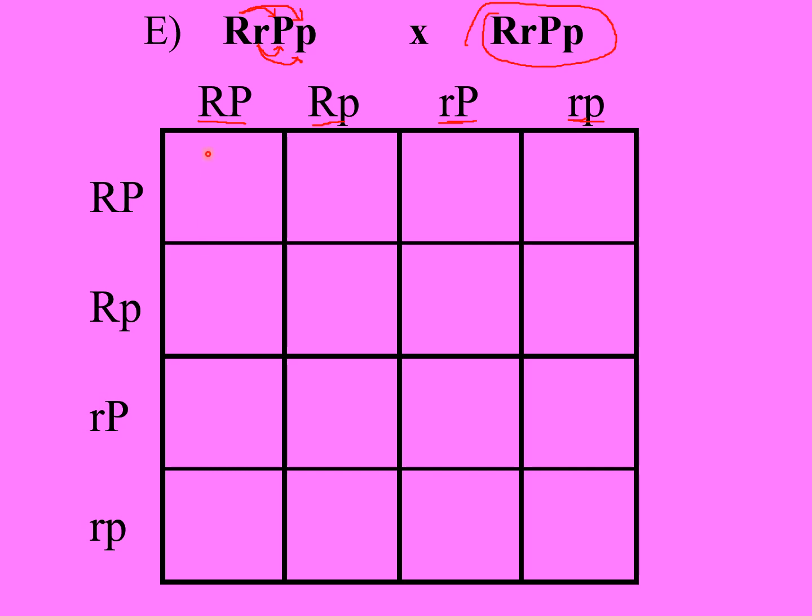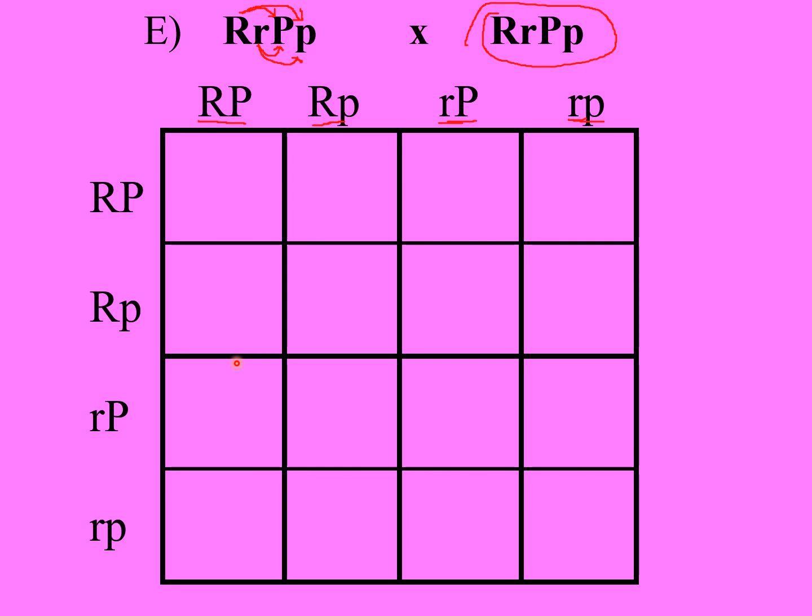I'm not going to do this all for you, but you bring down a capital R, then bring over a capital R, then bring down the capital P, then bring over the capital P. You keep the letters next to each other. They're the same letters. Keep all the R's next to each other. Keep all the P's next to each other. And remember, capital letters go first. So for this one down here, you would bring down a capital R, and then there'd be a lowercase r, then you'd bring down a capital P, and there'd be a lowercase p. And you'd have to fill in for all of these Punnett squares.